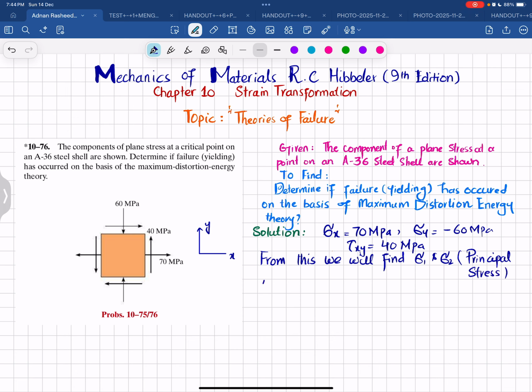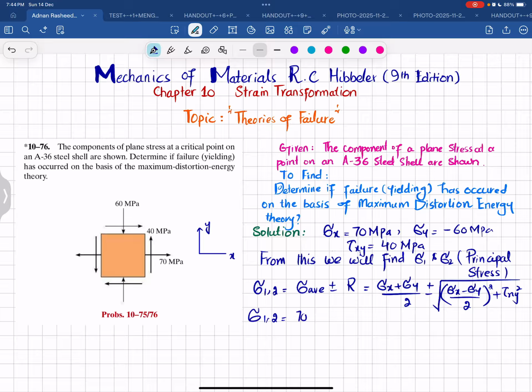For finding these principal stresses we have this formula: sigma average plus minus R, or you can also write it as sigma x plus sigma y divided by 2, plus minus the square root of sigma x minus sigma y divided by 2 whole square plus tau xy whole square.